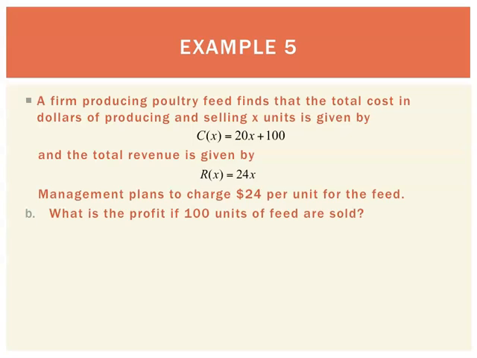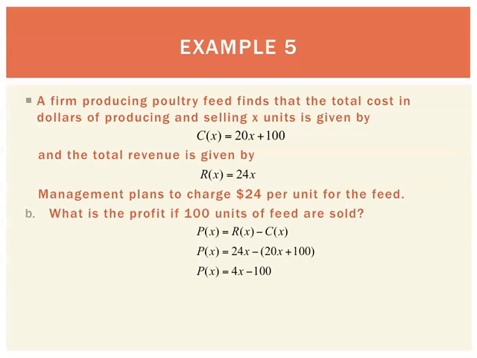So the profit, I'm going to call P of x, is equal to the revenue minus the cost. The revenue here is 24x, and the cost is 20x plus 100. The one thing you want to make sure is that you put the cost in parentheses. The entire thing has to be subtracted. All right, so simplifying this down, we end up with 4x minus 100 for the profit.